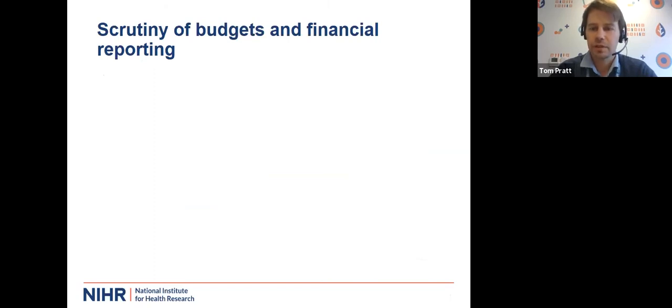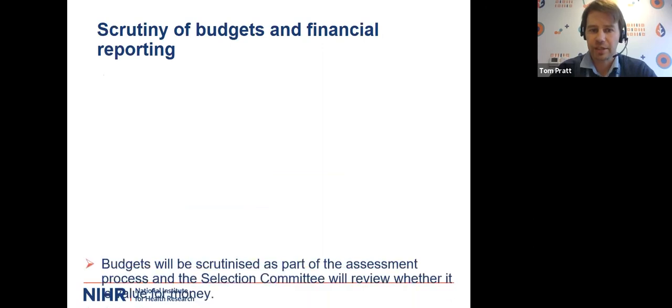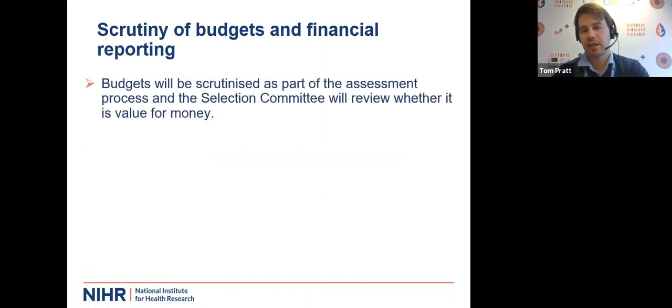So in terms of the scrutiny that the budget will go through as part of the application process, the selection committee will be looking at the whole application, so they'll be reviewing the applicant, the quality and relevance of the research and the proposed leadership, but they'll also be requested to comment on whether it offers value for money as well. So it's, as I mentioned before, about the right justification being in there, so it's clear for them to make a decision on that.